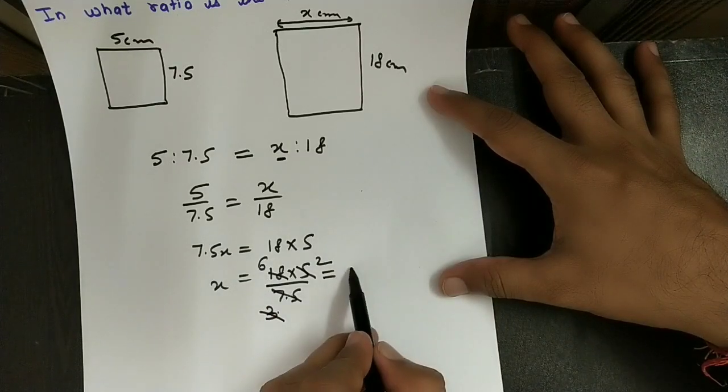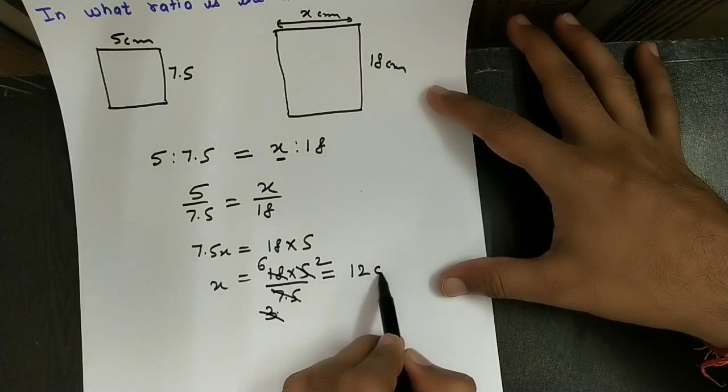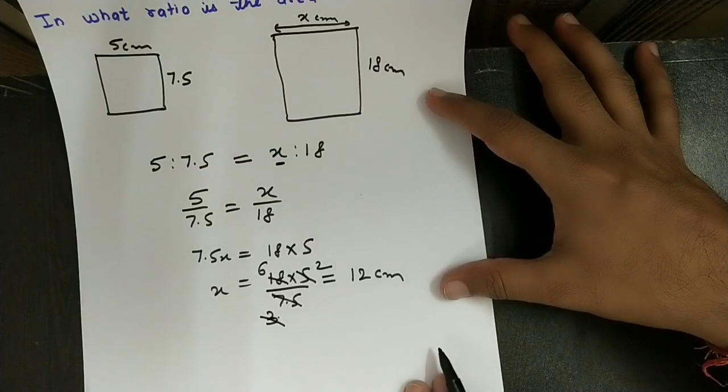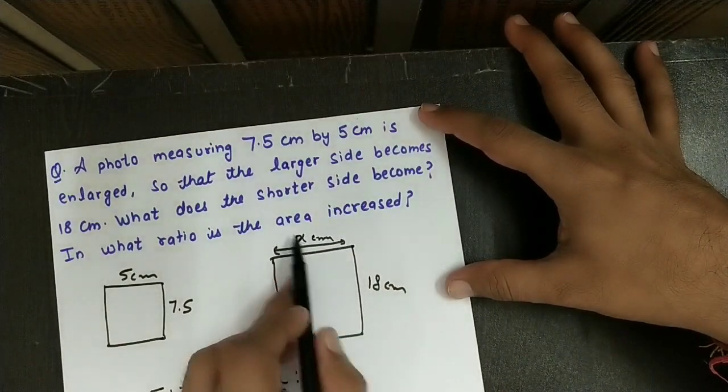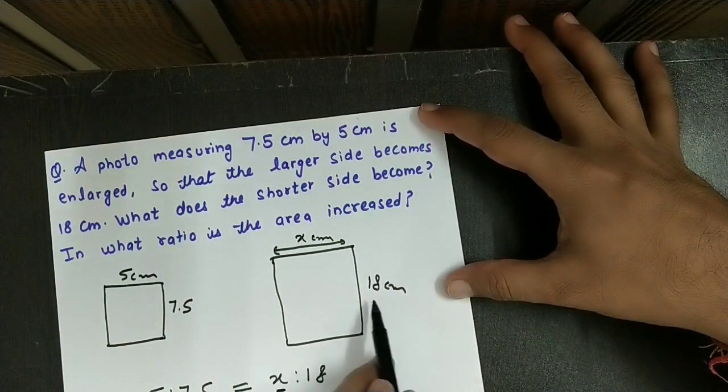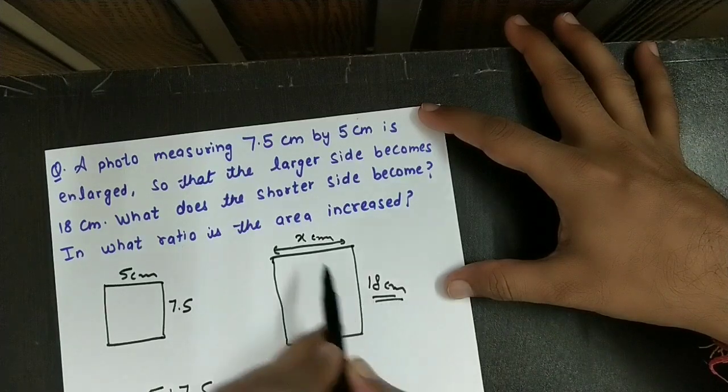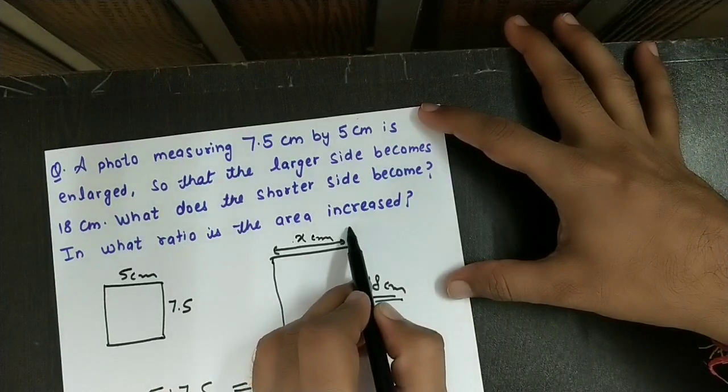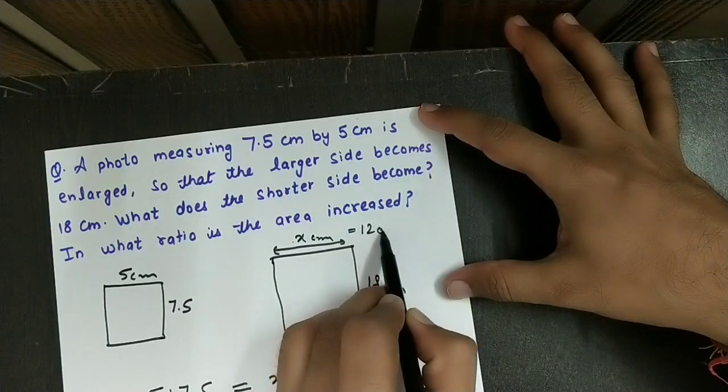So the value of x is 12 centimeter. So here this side is 18 centimeter and this will be 12 centimeter.